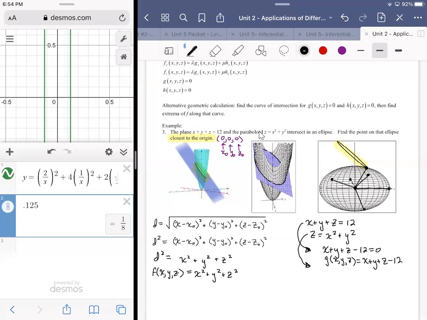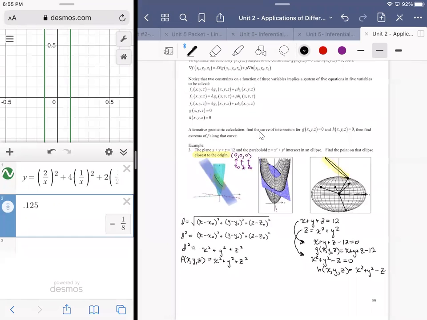So this last equation, I'd love to call it, well, it would have to be h, but I'd love to call it h of x comma y. But everything else is in 3 dimensions, functions of 3 variables. This one also has to be a function of 3 variables. So I'm going to rewrite this by subtracting z from both sides. X squared plus y squared minus z is equal to 0, and make this h of x, y, z equal to the same thing, x squared plus y squared minus z.